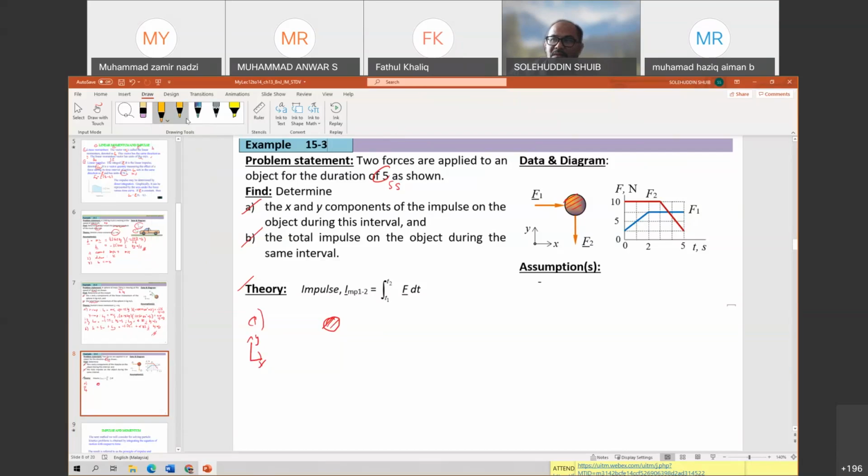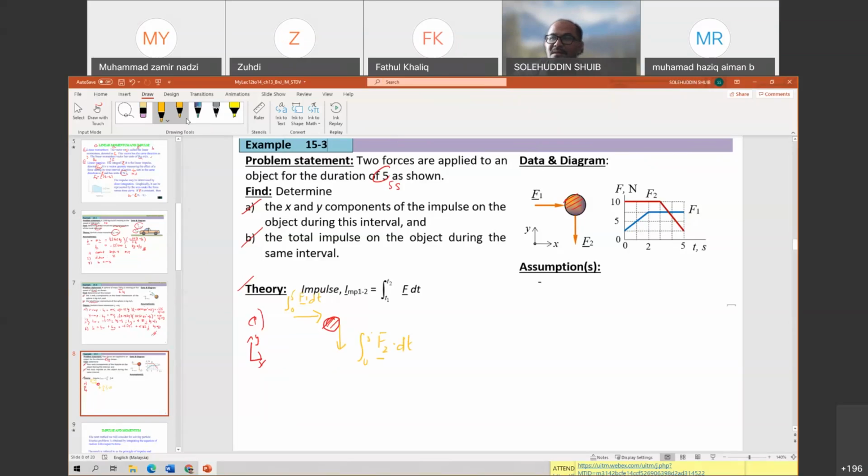This is F. So what happened here is we have the integration from 0 to 5 of F1 dt, and then this one, F2 dt.